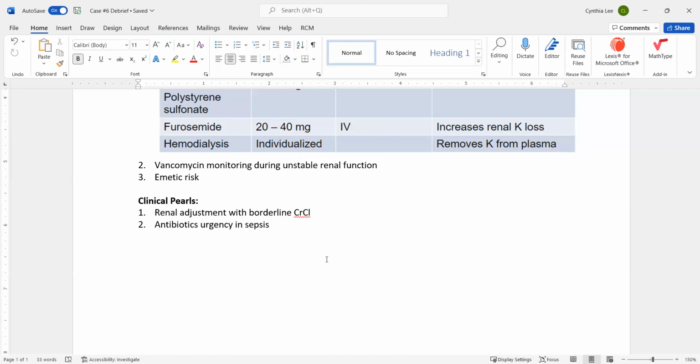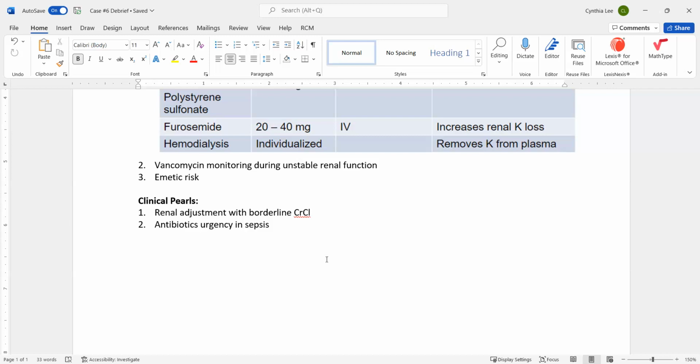So some students might be recommending lower dose versus higher dose. In the real practice setting, you would use your clinical judgment. And I know you guys haven't had a lot of clinical exposure, so I'm not going to ding you on this case if you choose one over the other that's different than what's expected. As long as you know how to calculate your creatinine clearance and adjust based on it, that's what I expect for this case.